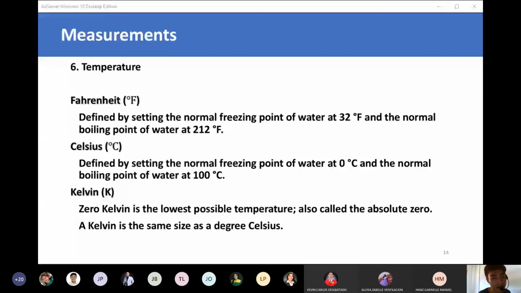Fahrenheit is a physicist, and what he did is that he tried to make a scale of different temperatures based on body temperature. But whose body? This is the wild part.